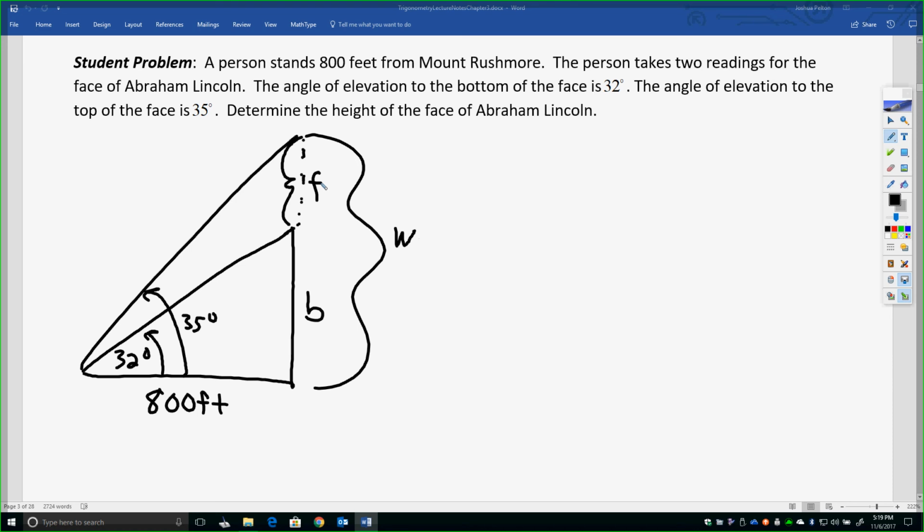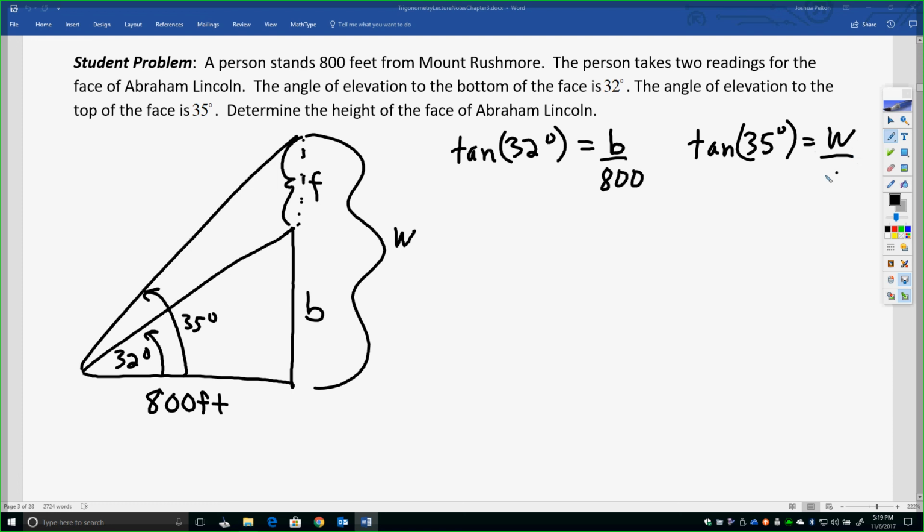Okay? So if we want to find B, that's going to be a tangent. So tangent of 32 degrees is B over 800 for the bottom, using the small angle. And to the top of the face is 35 degrees. So the tangent of 35 degrees equals the whole thing over 800.